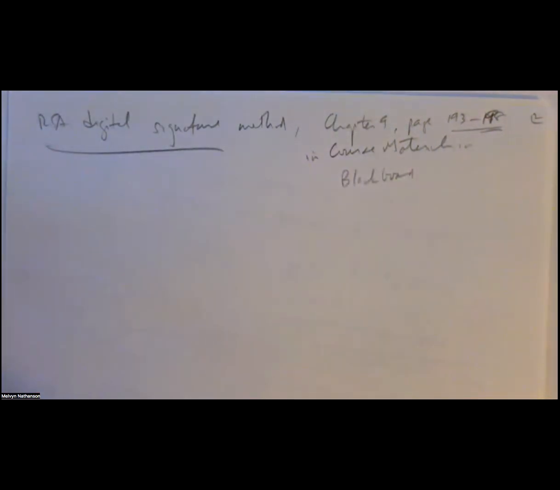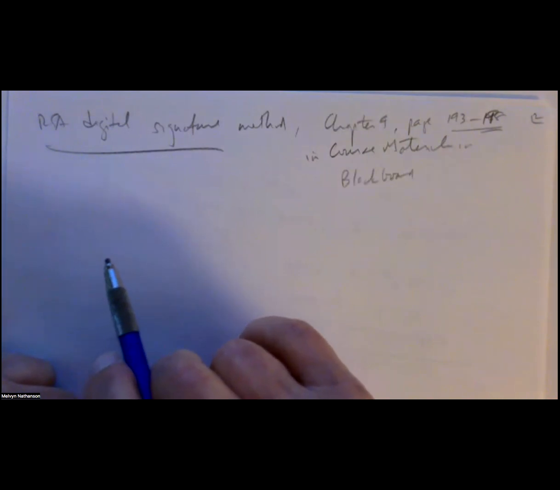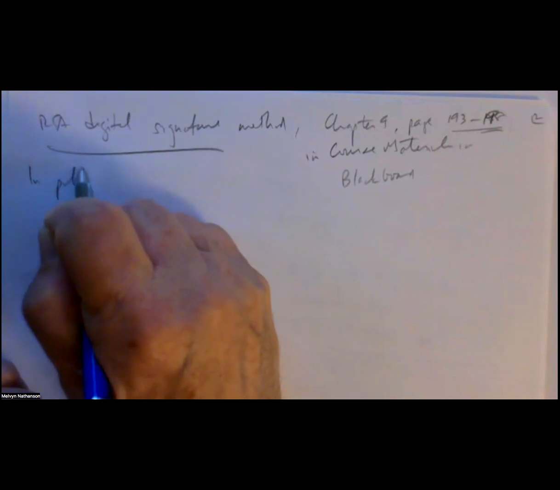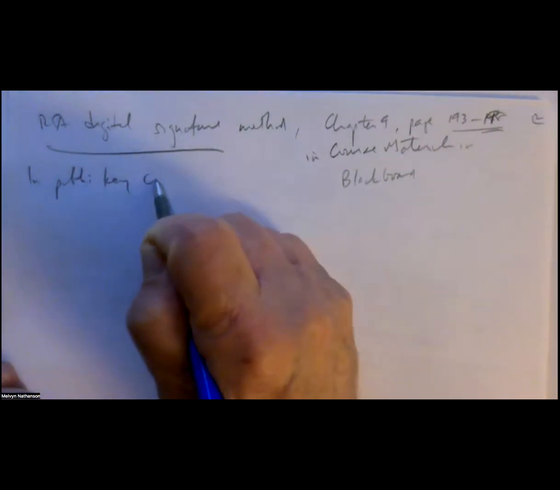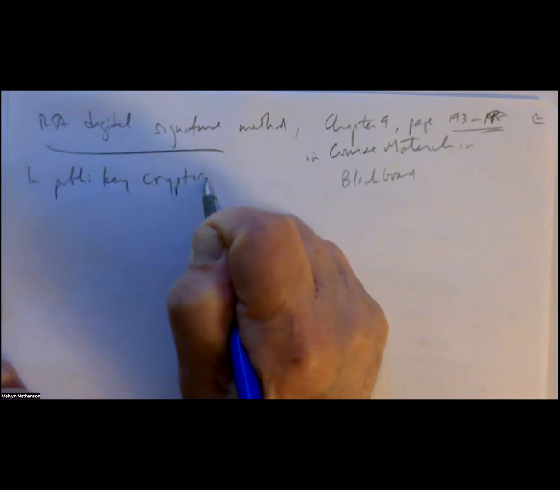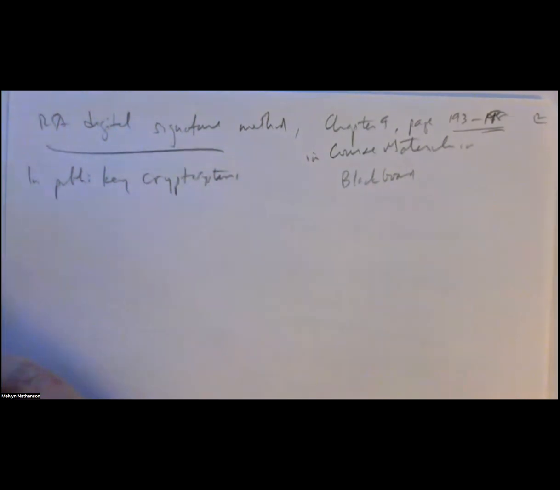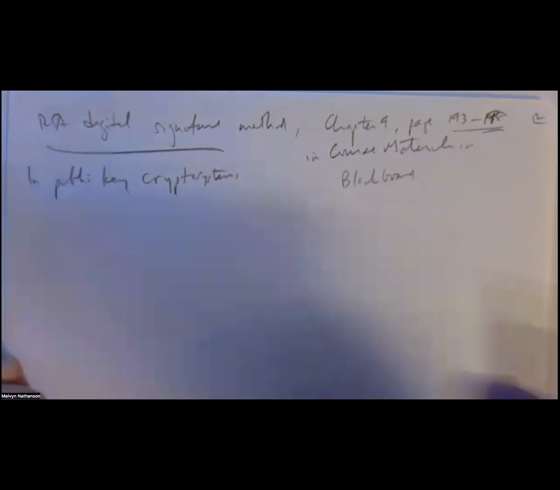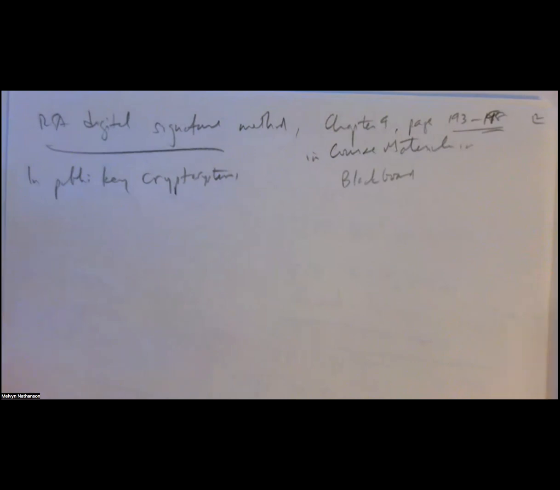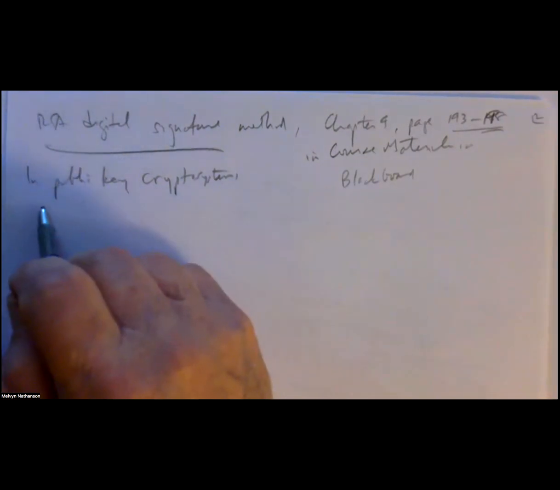So again, let me restate the problem. In a public key crypto system, such as RSA or El Gamal, there's a public key.